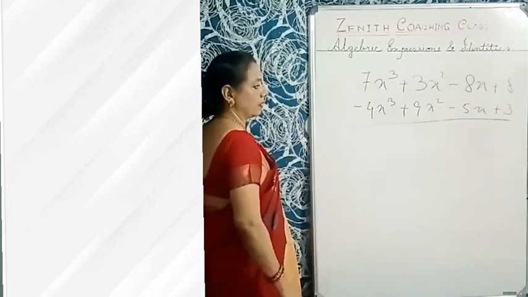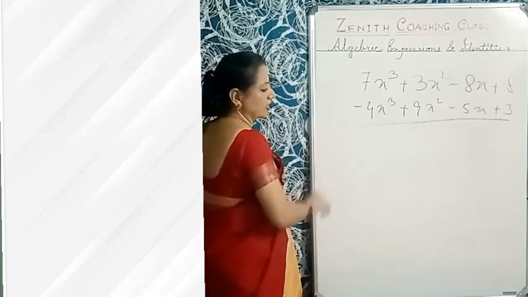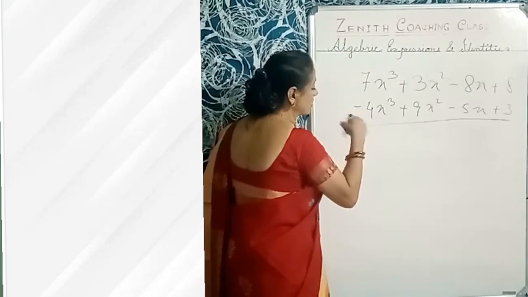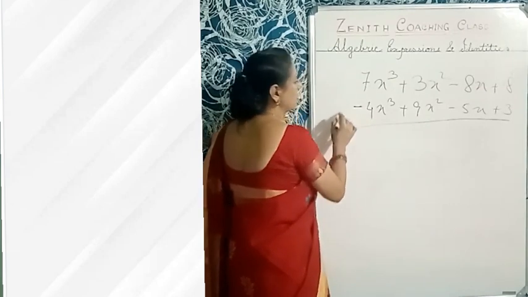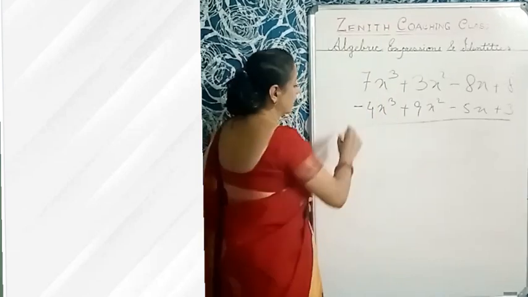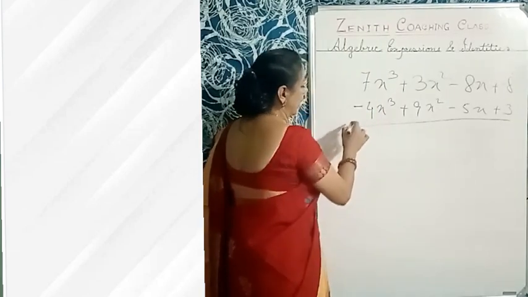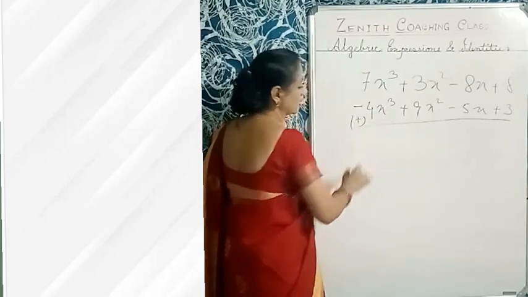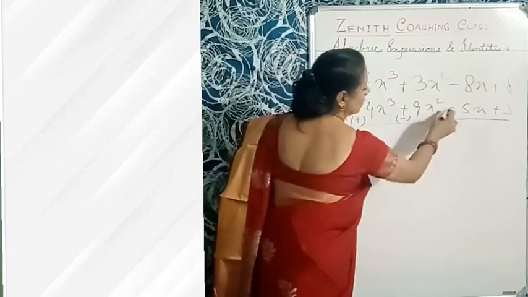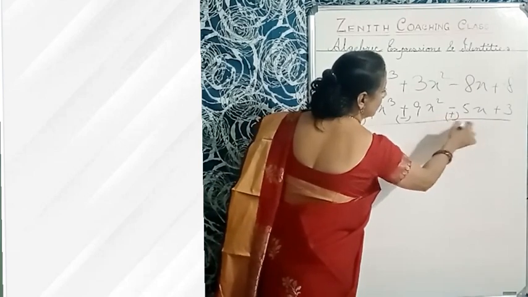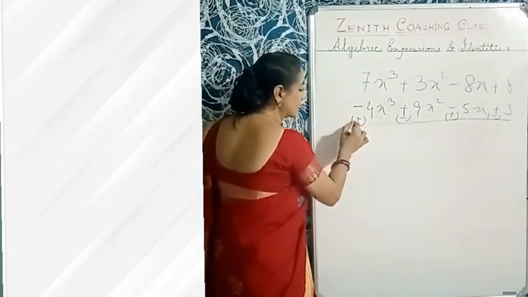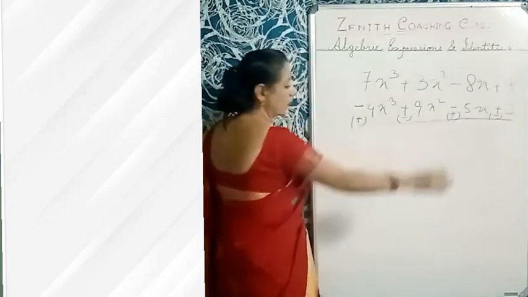I have to subtract. In addition there is no sign change, but in subtraction you have to change the sign. Don't change the signs of the upper line. Here is minus, you write plus. Here is plus, you write minus. These are the signs of the lower line.